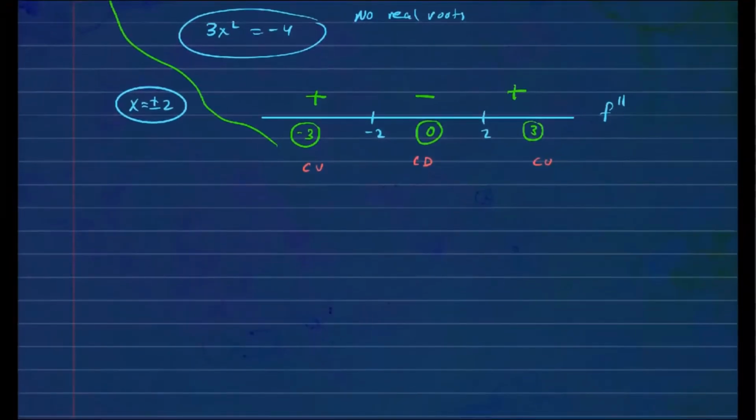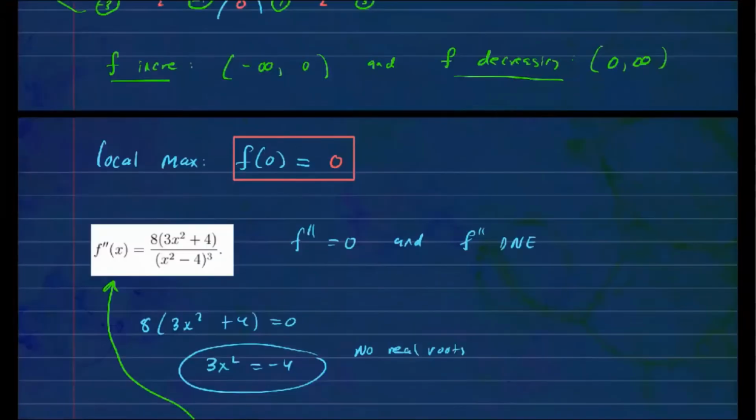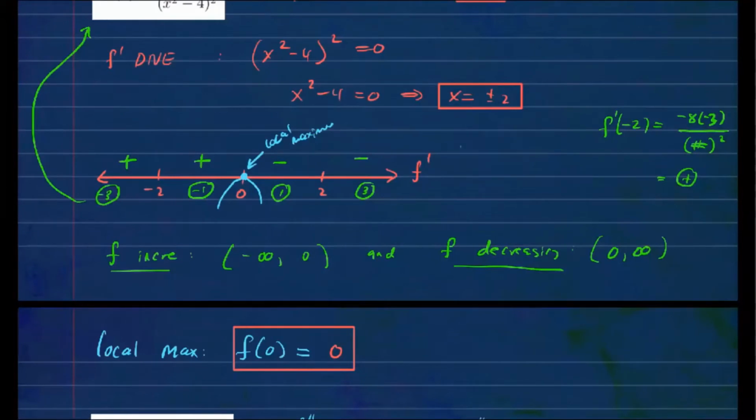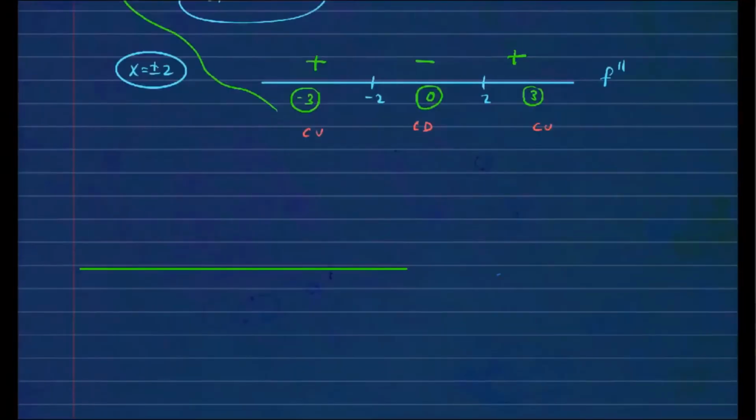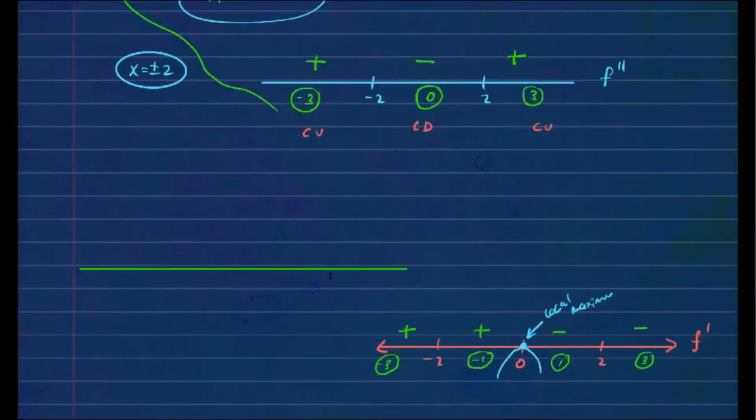So here's the real line one more time. And we know our first derivative, so let me just put this down there so it's easier for us to access. So here's the first derivative test that we ran. Our critical numbers were negative 2, 0, and 2.